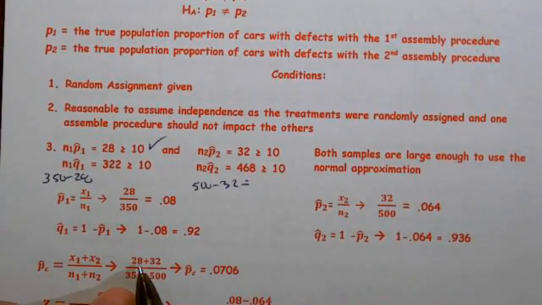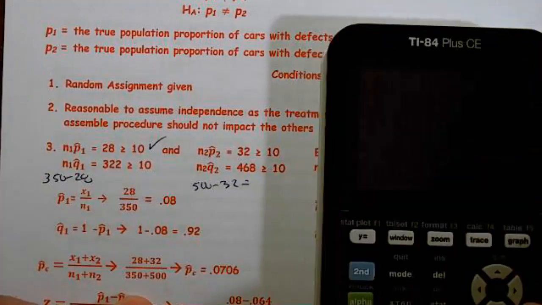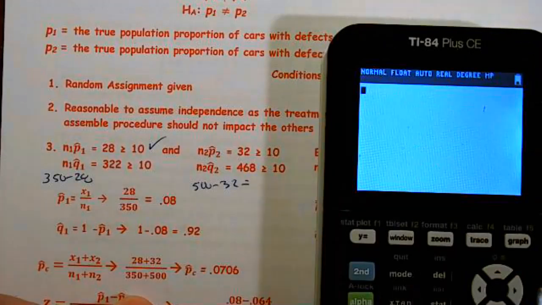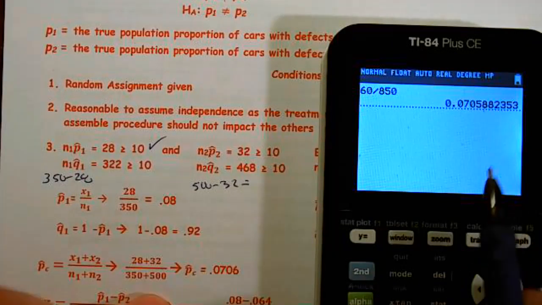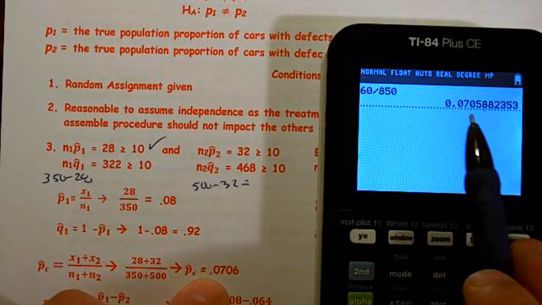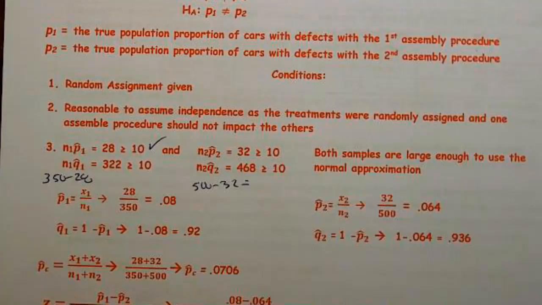Remember, we only pool for hypothesis tests for proportions. 28 plus 32, these are the number of defects, and 350 plus 500. So we ended up with 60 out of 850, which is 0.0706, 0.07058.